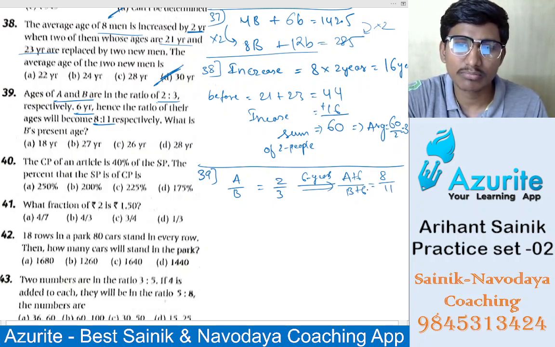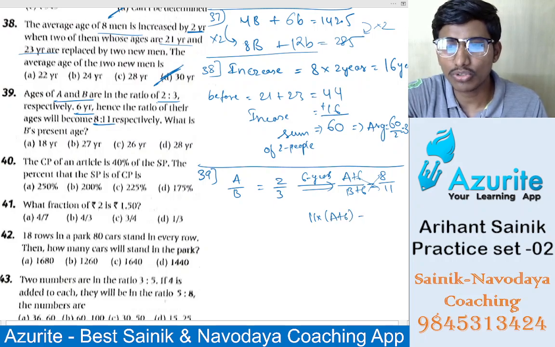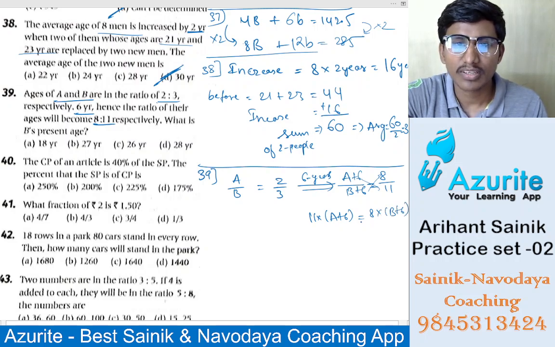You cross multiply. So 11 into A plus 6 is equal to 8 into B plus 6.